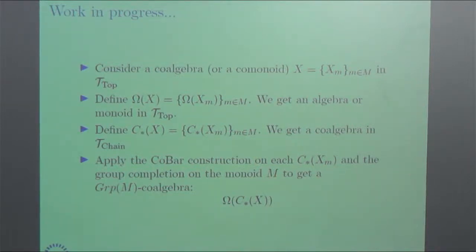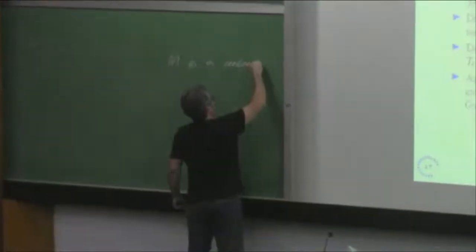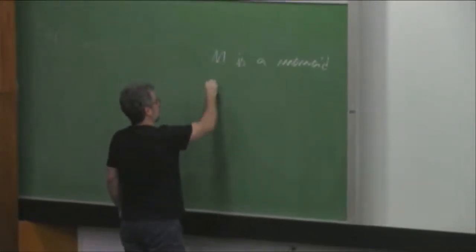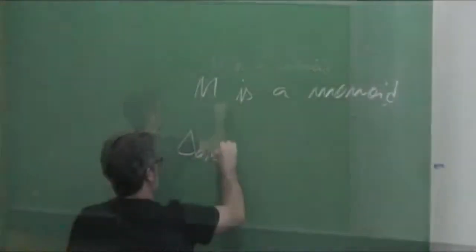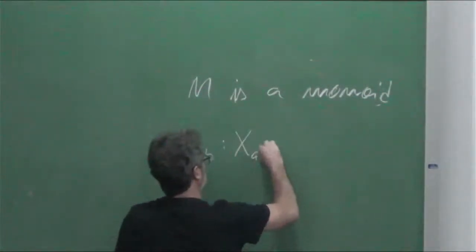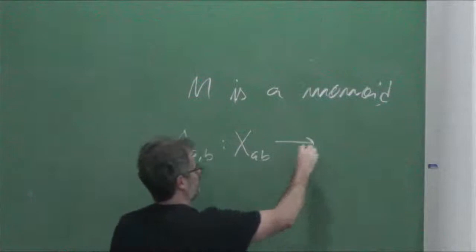So when I do this, I have a monoid. M is a monoid, and I have the coproduct, which is something like this: (A, B) maps to (X_{AB}) to X_A times X_B. This is the product in the monoid.